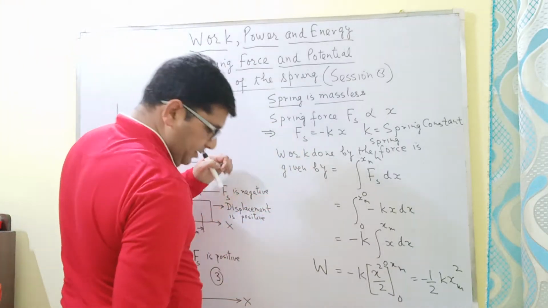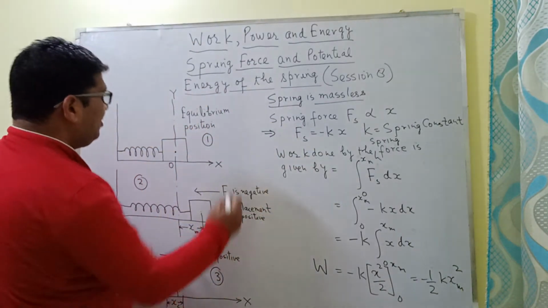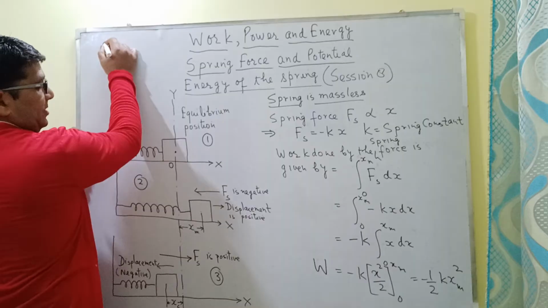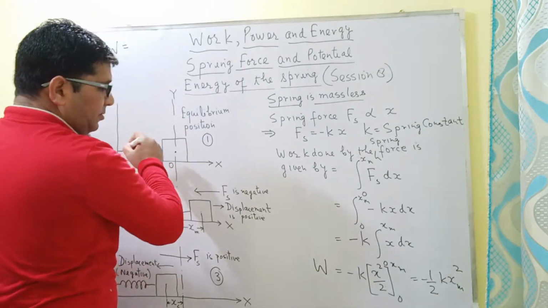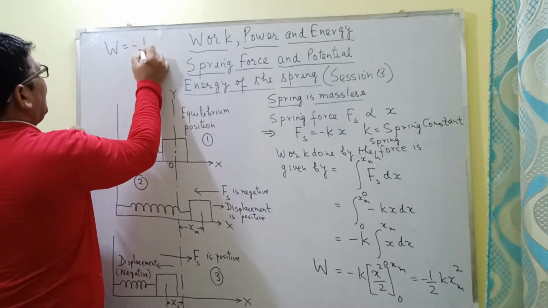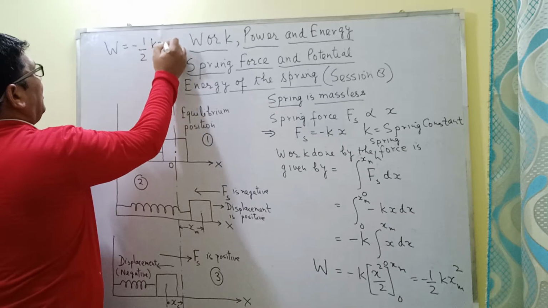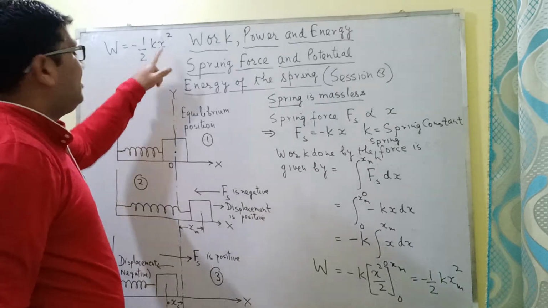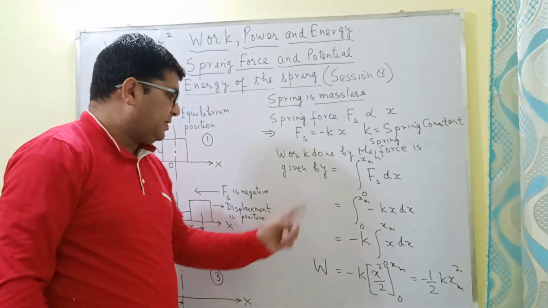Let us say here, that the work done is equal to minus 1 by 2 k x square, where x will be the displacement of the spring.